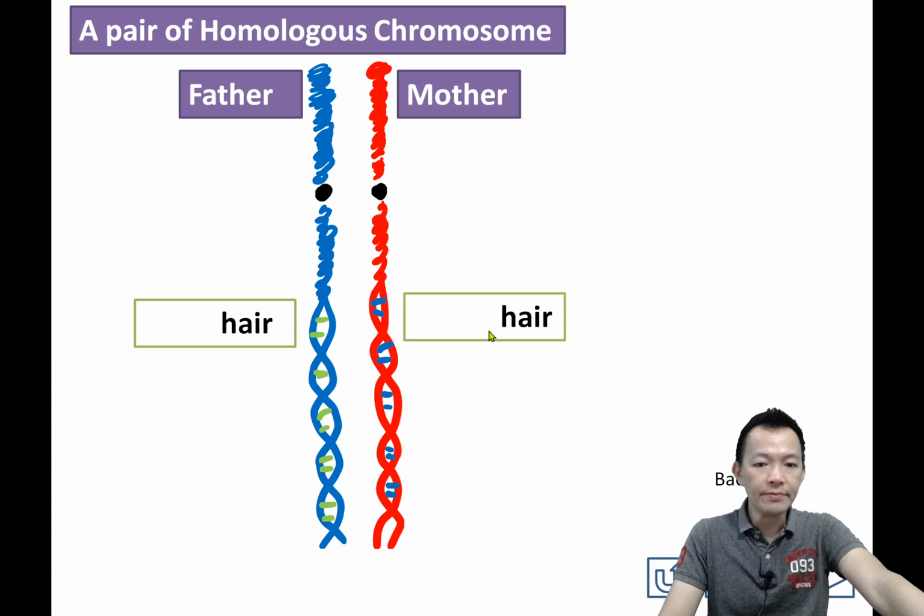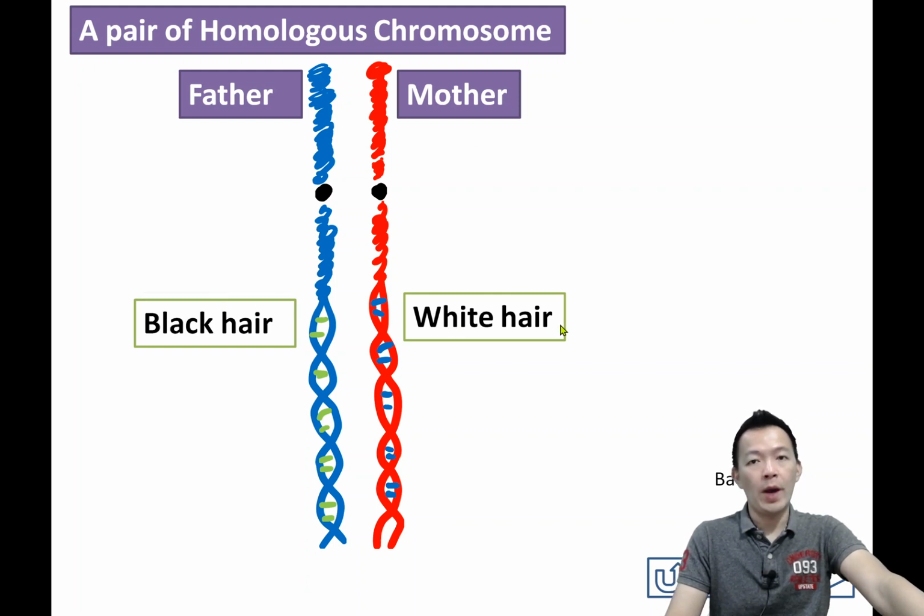Hair. Your father has hair, your mother has hair, but the trait is different. The characteristic is having hair, but the trait in the father and mother will be different. Father has black hair and mother has white hair.